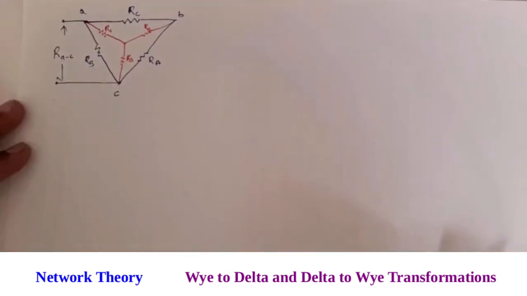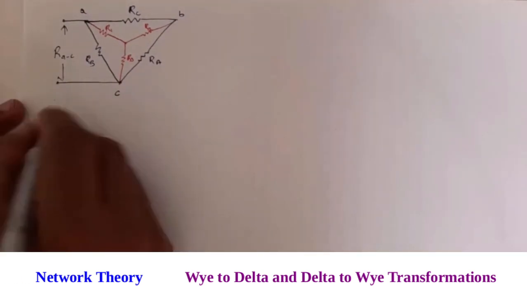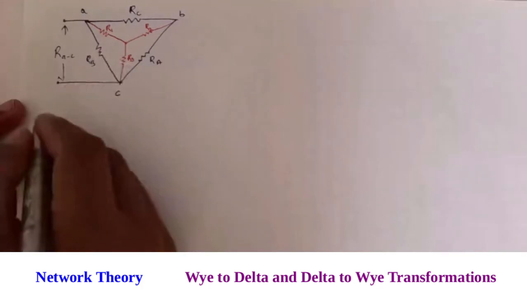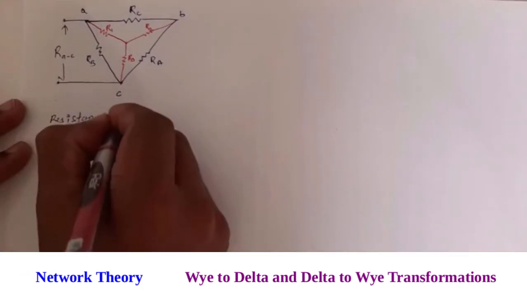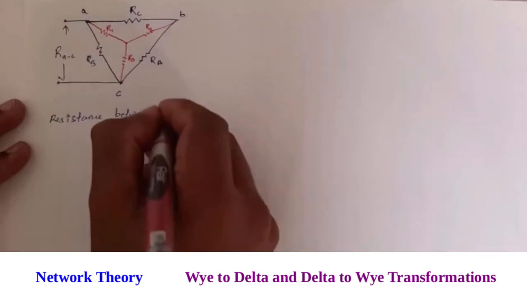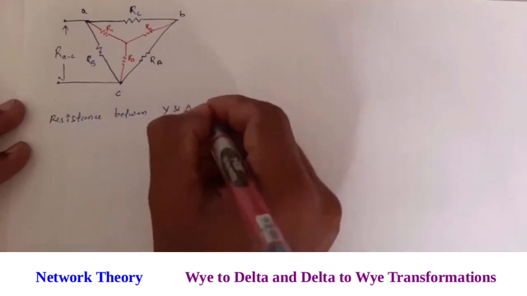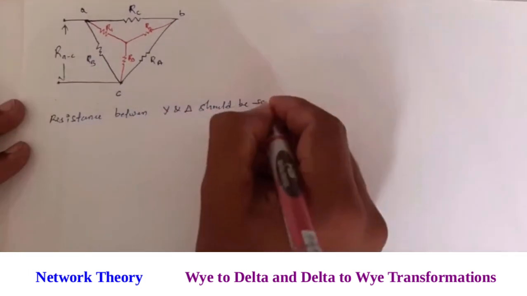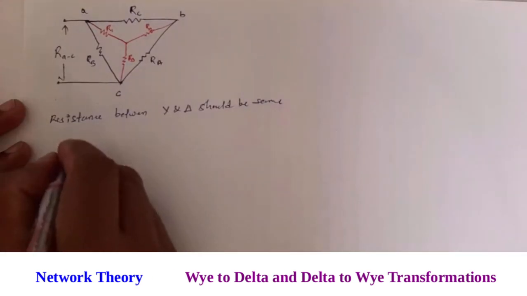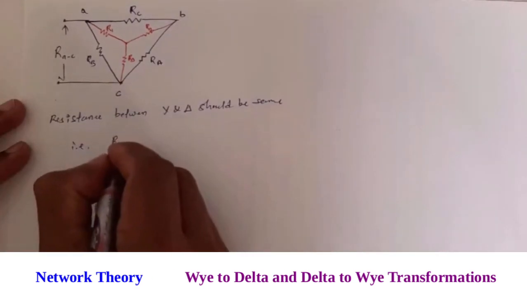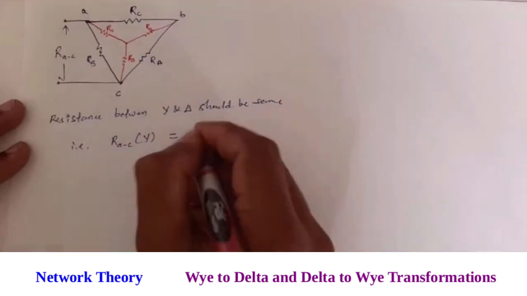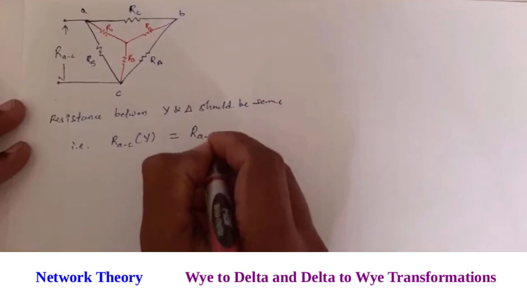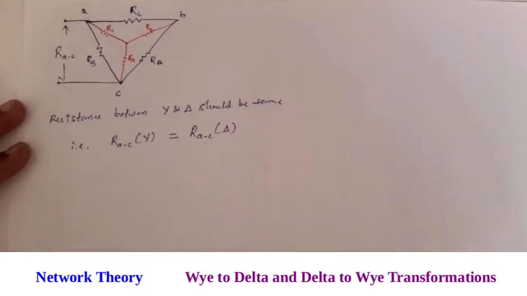In simple terms, to say that Y and delta networks are equivalent, the resistance between them should be the same. That means the resistance RAC of the Y network should be equal to the resistance RAC of the delta network.